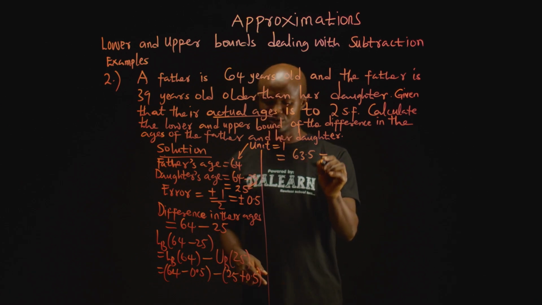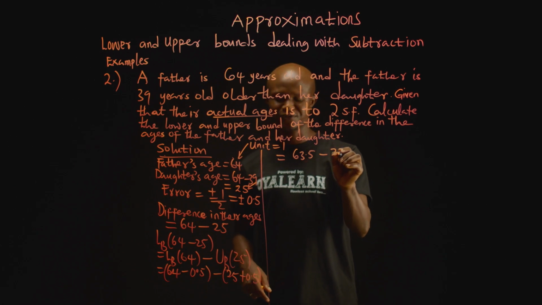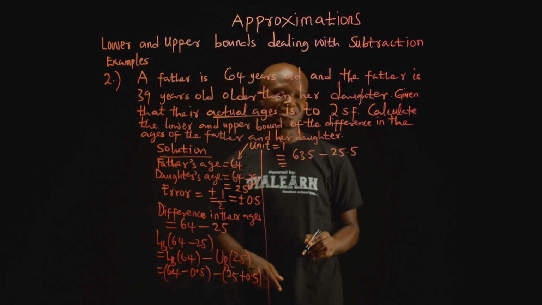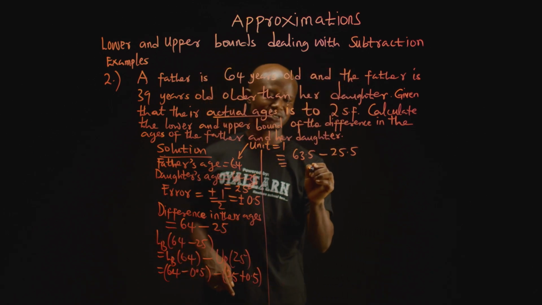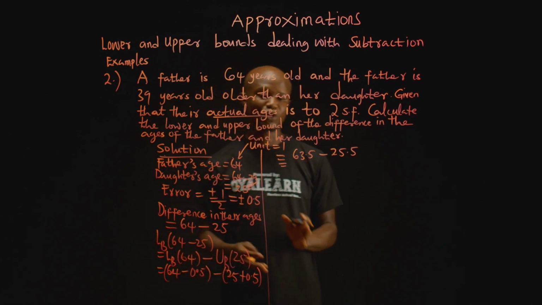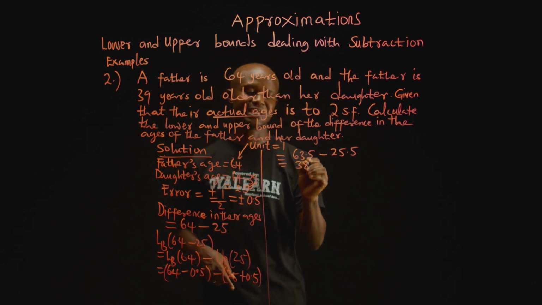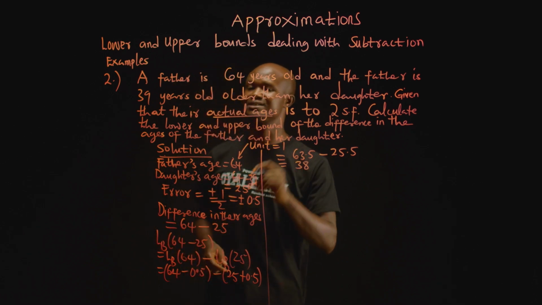Then minus 25 plus 0.5, that is 25.5. And 63.5 minus 25.5 will give us 38. It means the lower bound for the difference in their ages is 38.